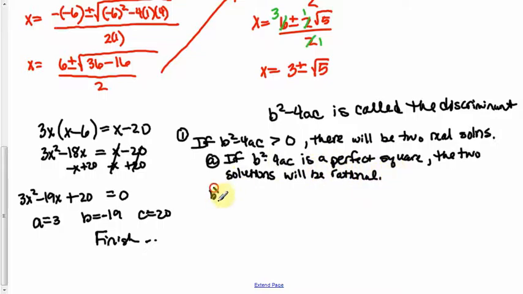Part B is if b squared minus 4ac is not a perfect square.